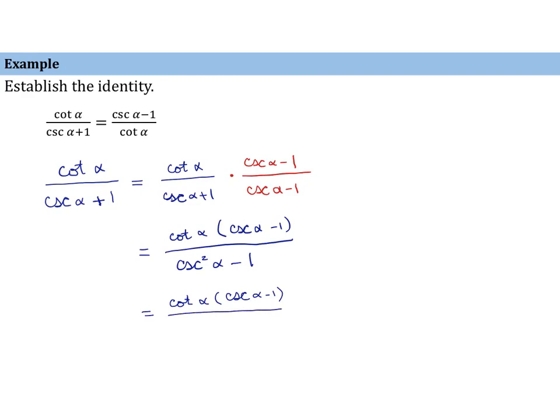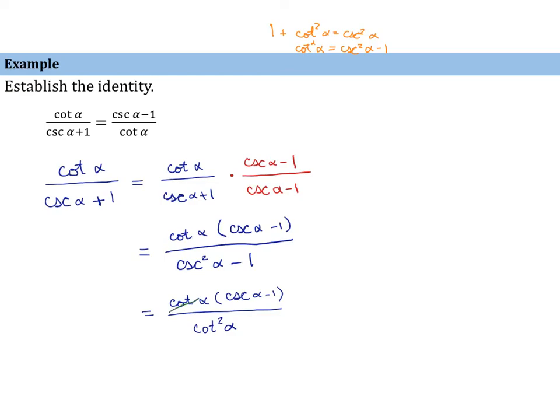Cosecant squared of alpha, if you remember the original Pythagorean identity, is 1 plus cotangent squared of alpha equals cosecant squared of alpha, which means that cotangent squared of alpha equals cosecant squared of alpha minus 1. So that helps us transform the denominator to be cotangent squared of alpha.